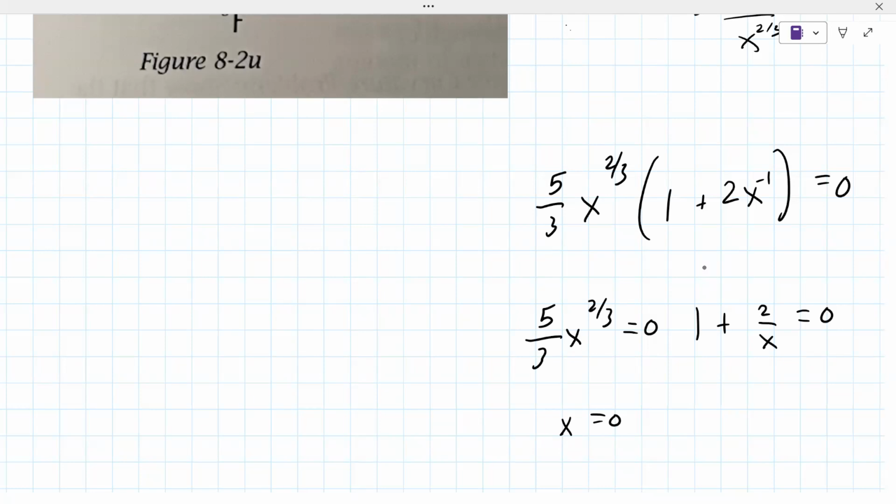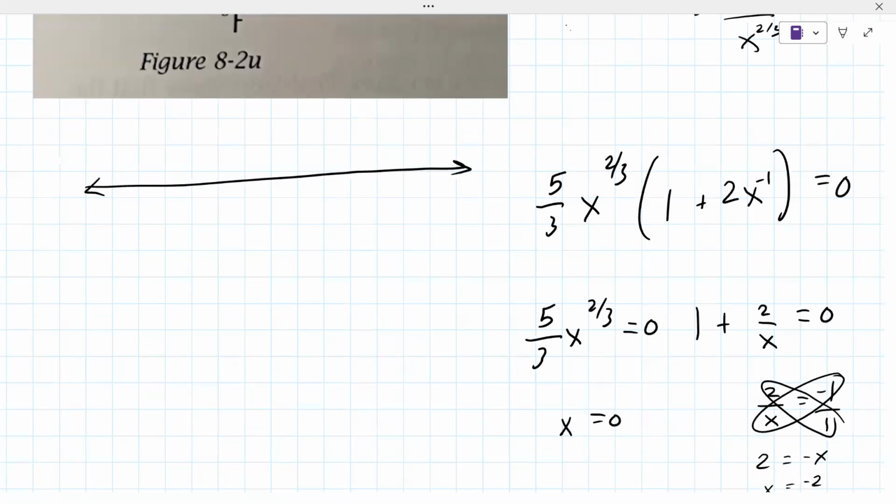So whenever I get 2/x equals -1, you can diagonally multiply here, 2 equals negative x, so x equals -2. Okay, so my critical points are 0 and -2.